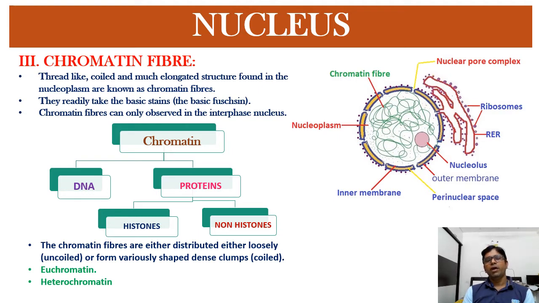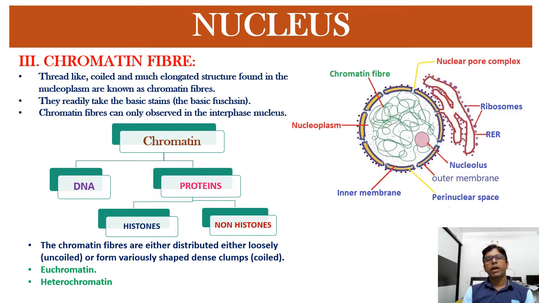The chromatin fibers are either distributed loosely, or uncoiled, or form variously shaped dense clumps, or coiled.